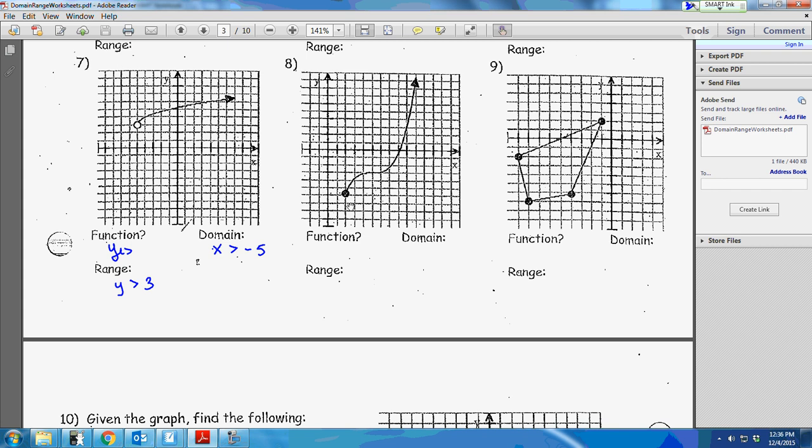What about number 8? Is that a function? All right, and what is the domain? Greater than or equal to 2. And then what about the range? All right, one more. Is this a function? No. And so what's the domain?